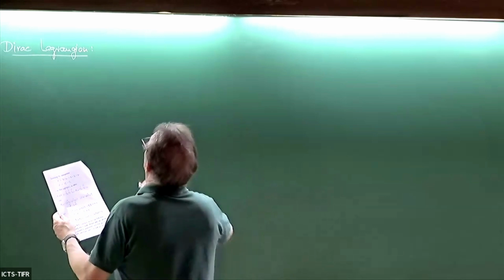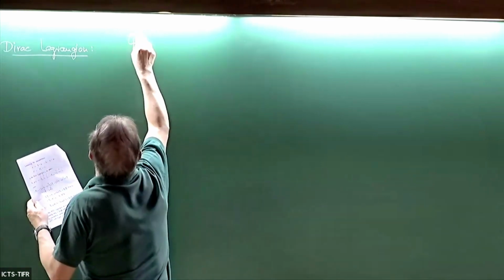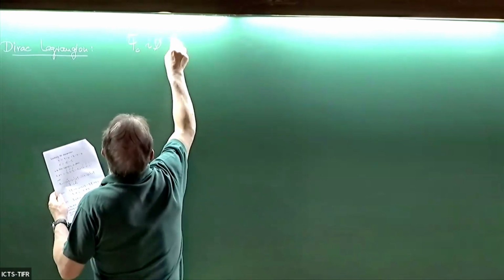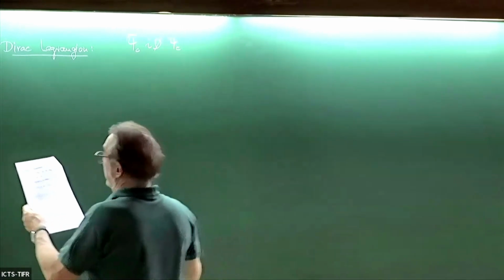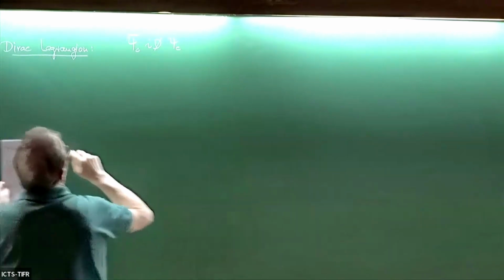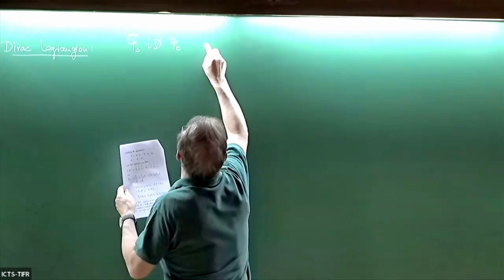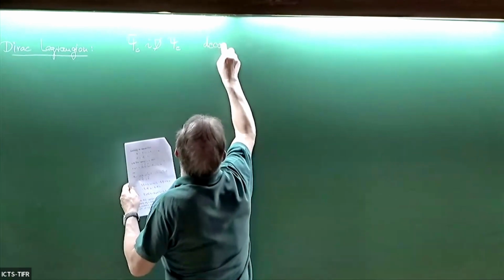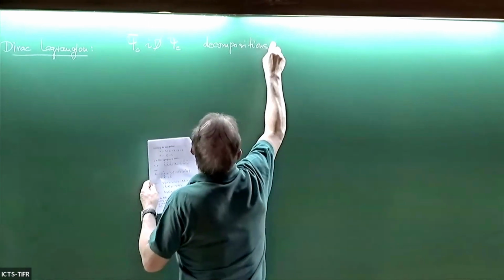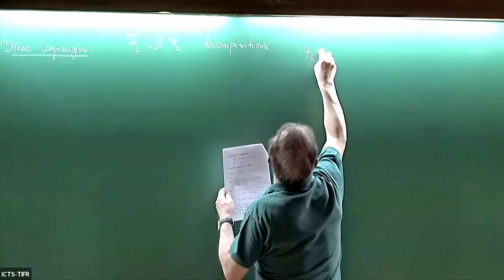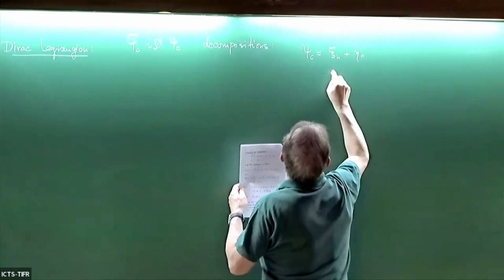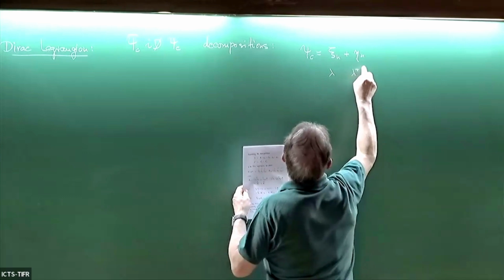So we start from the Dirac Lagrangian for a collinear fermion, and we perform the decompositions that we write psi equals xi plus eta, with power counting lambda and lambda squared.